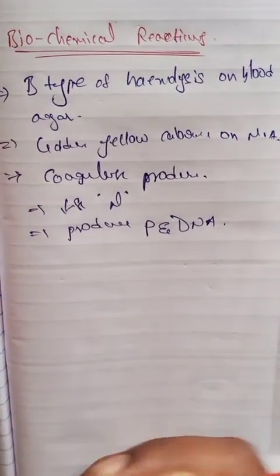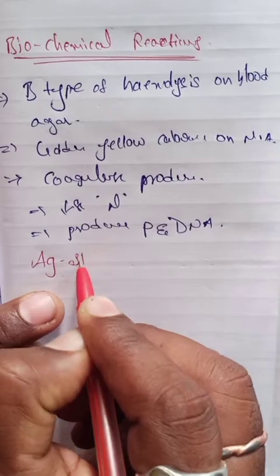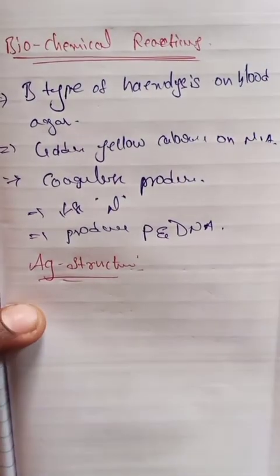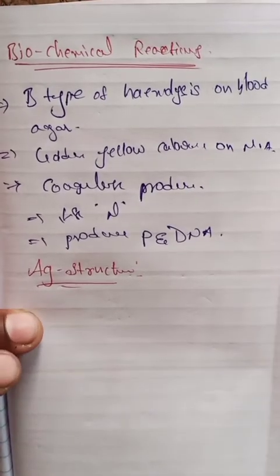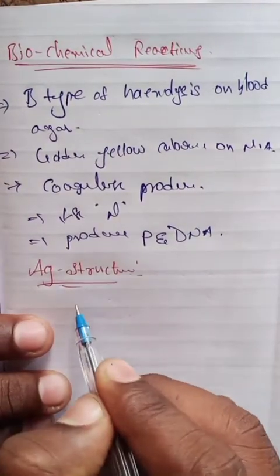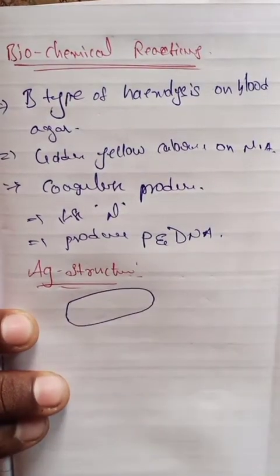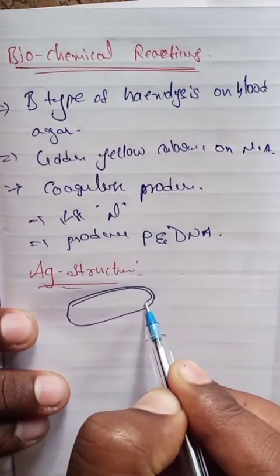And what is the antigenic structure? The Staphylococcus has a capsule-like structure. It is made up of a cell wall.